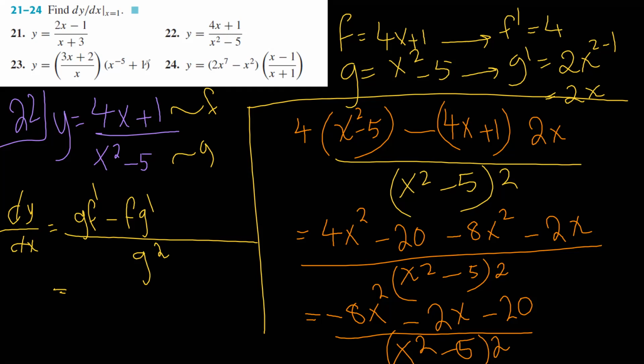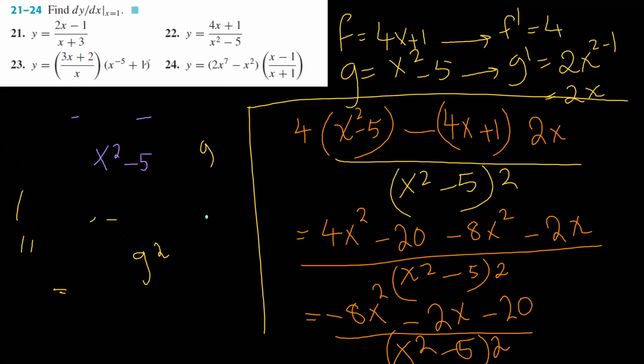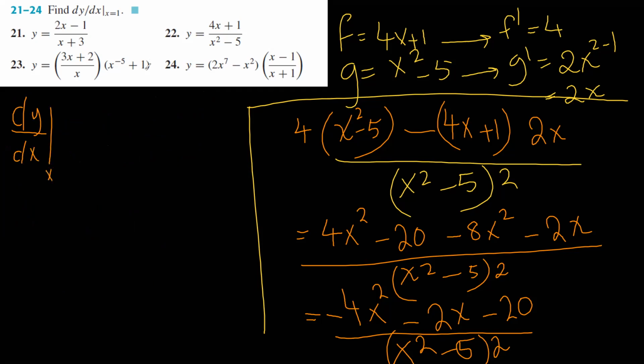Then after that, I have to find dy over dx when x equals 1. So what we have to do now is substitute. Teacher, why is it negative x squared? It should be negative 4x squared. Thank you, yes. It has to be negative 4. So after that, I have to find dy over dx when x equals 1. Just substitute now.